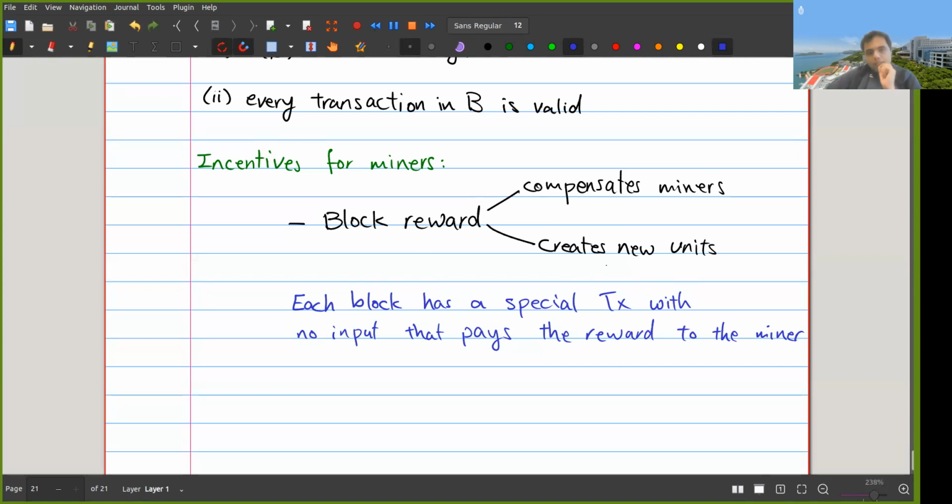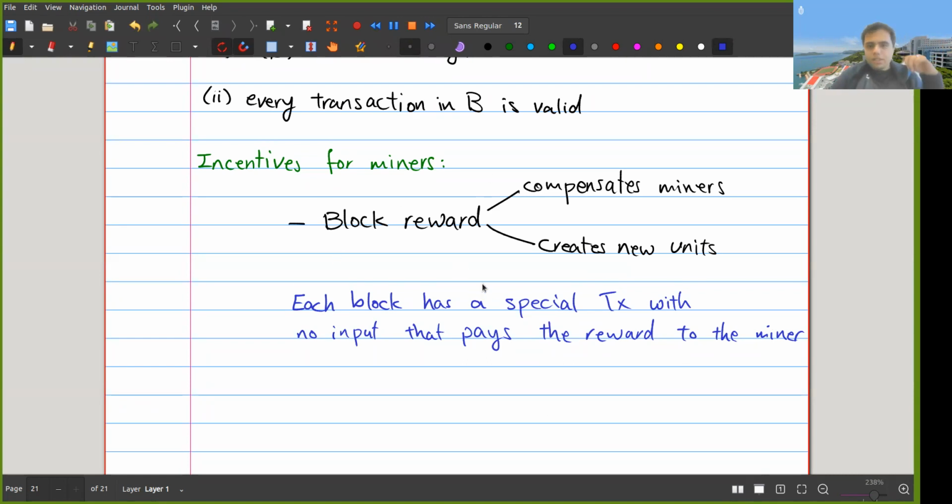Okay, but here's a problem with this kind of incentive. We have now incentivized the miners to do the mining and create blocks, but they can just create empty blocks, right? There is nothing in this system that assures that the miners will have some incentive to put transactions into their blocks, because the block reward is a fixed number, right?